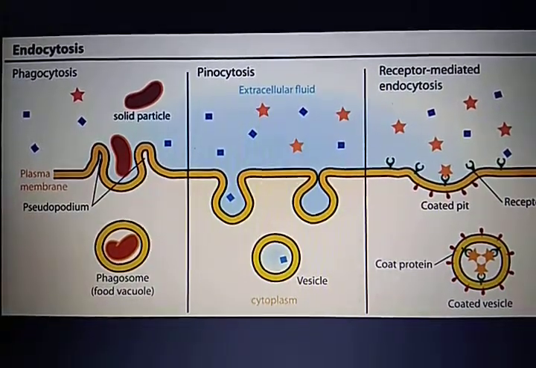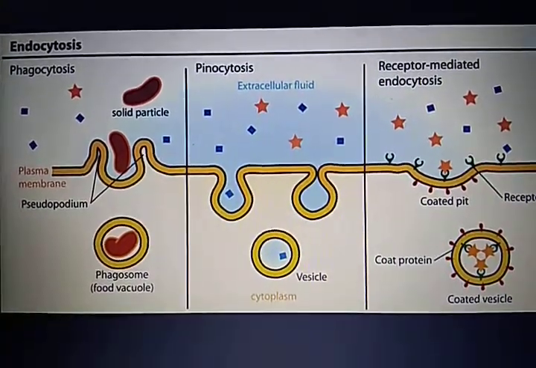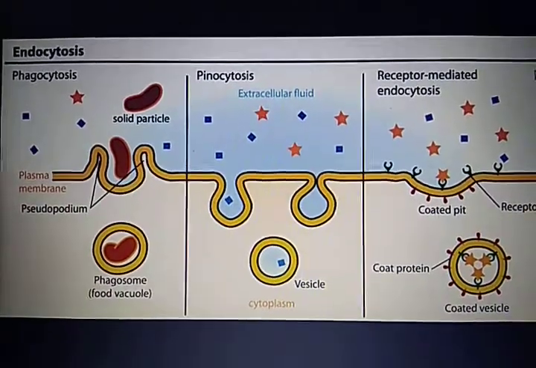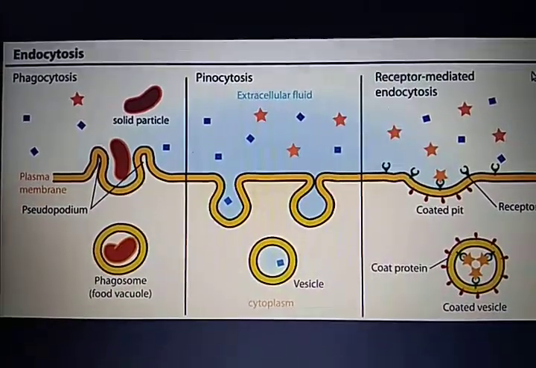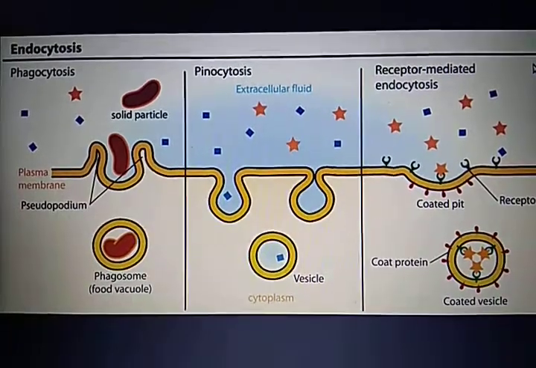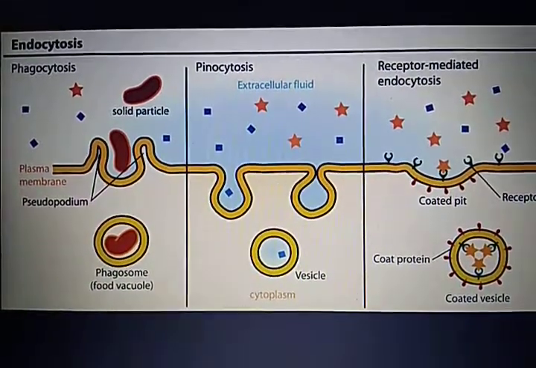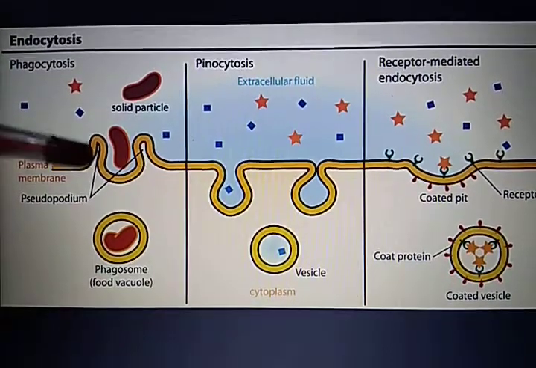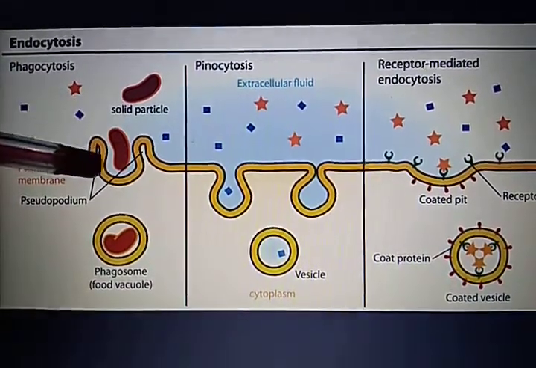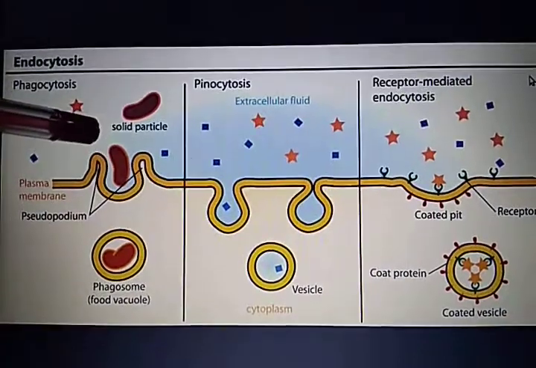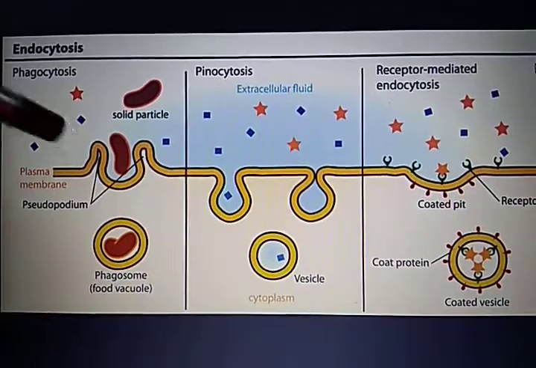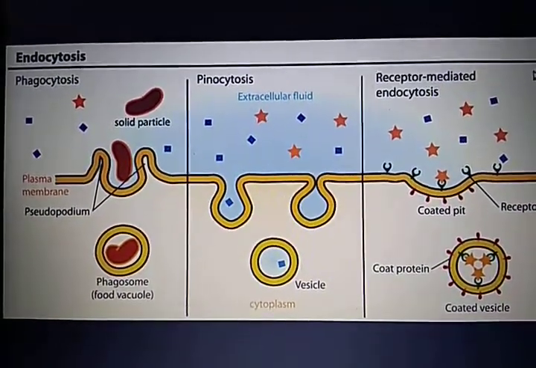Further, endocytosis can be categorized into phagocytosis, pinocytosis, and receptor mediated endocytosis, depending upon the mode of action the plasma membrane undertakes. In the process of phagocytosis, the plasma membrane simply projects pseudopodia to capture those things which need to be imported inside the cell.